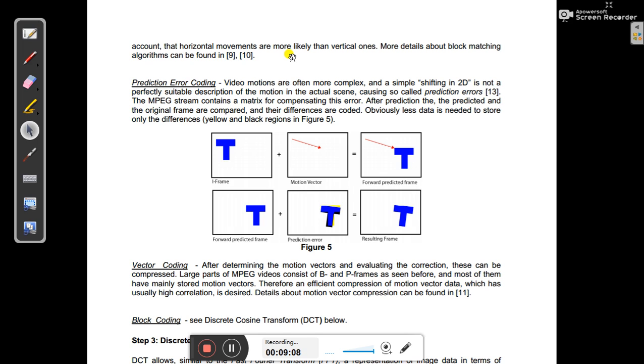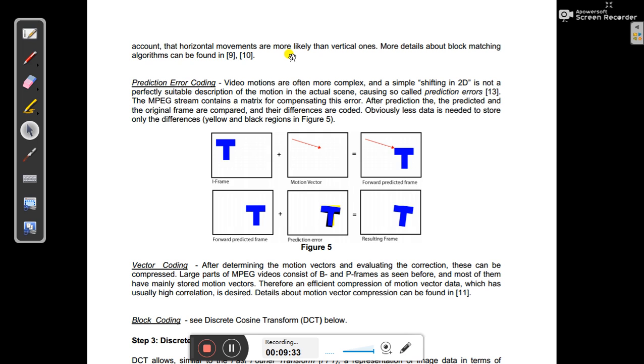After prediction, the predicted and original frames are compared, and whatever the differences are, those are stored in those matrices, which contain the compensating error, and that matrix is inserted in the MPEG stream. Obviously less data is needed to store only the differences.